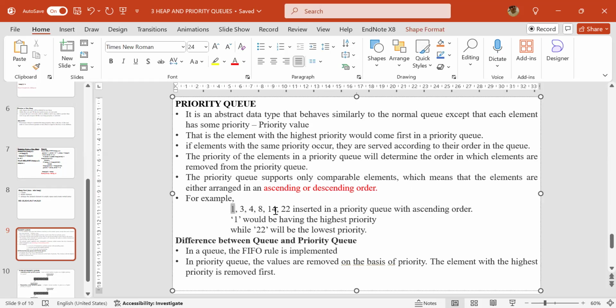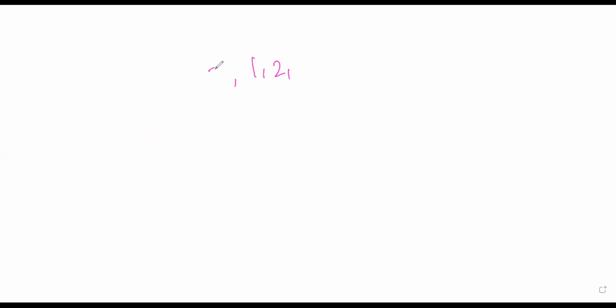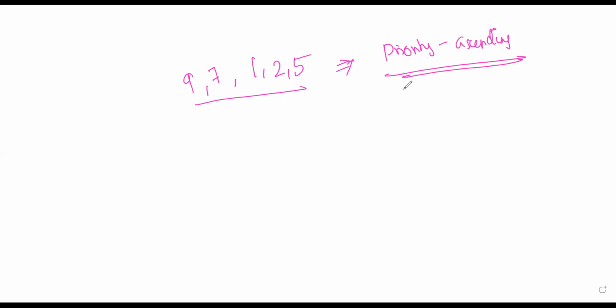So for example, if these are the elements given in hand, and they ask you to insert in a queue data structure on a priority basis, and the priority is ascending order, then the smallest element will have the highest priority.